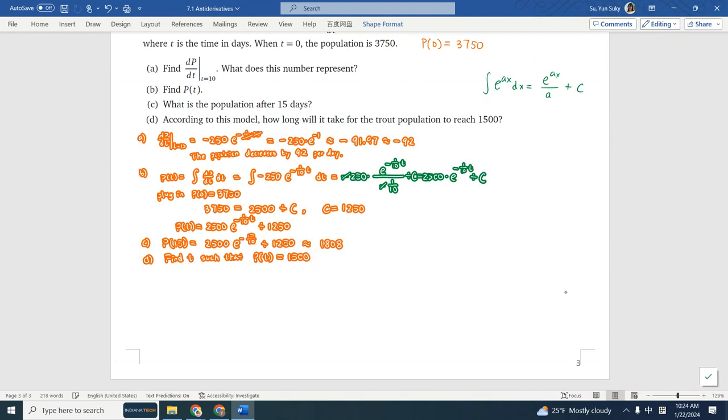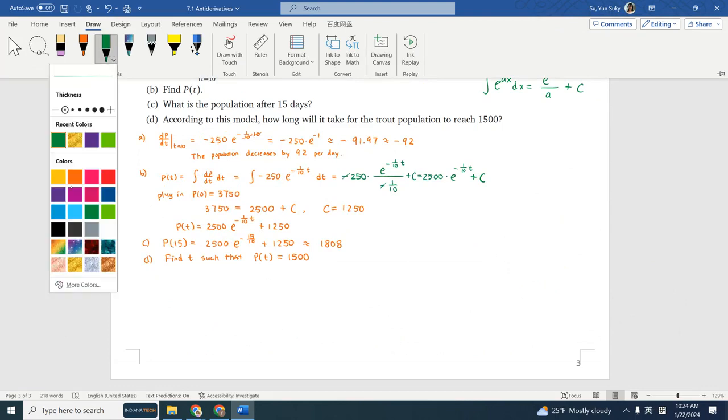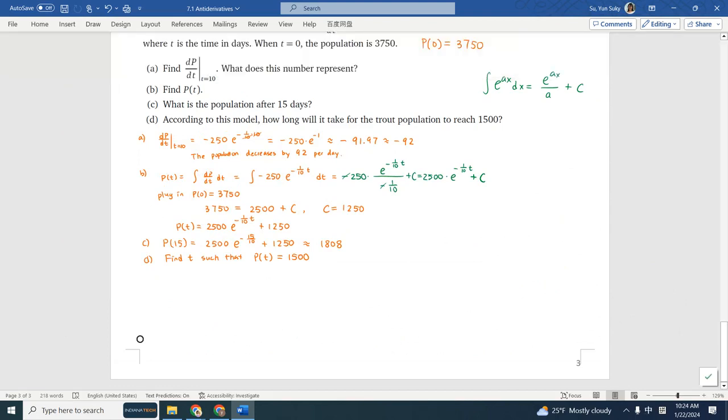Let me use a different color. How about purple? We want to solve for t. This is the population function.